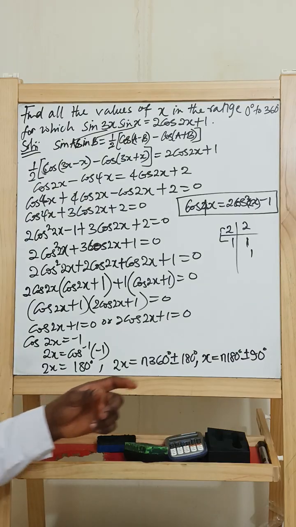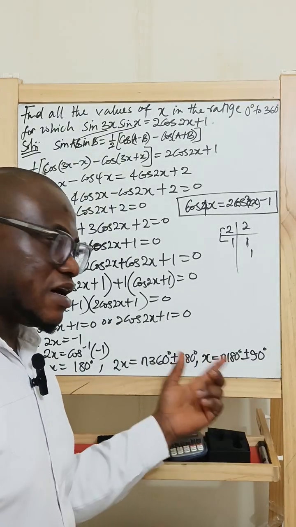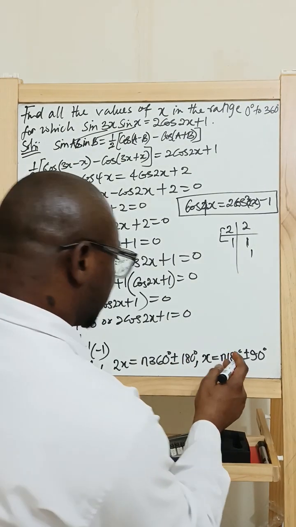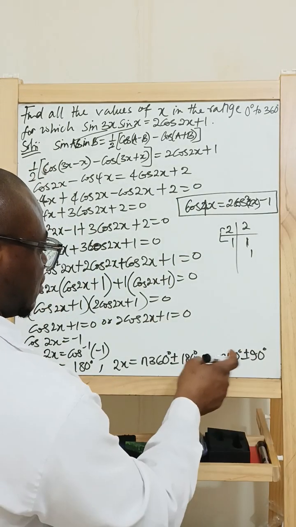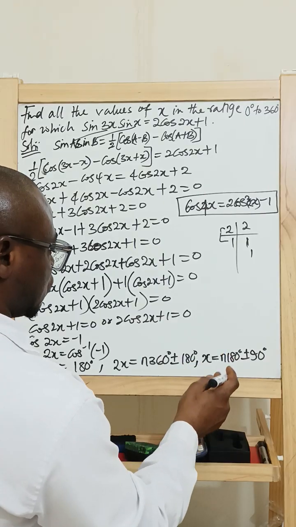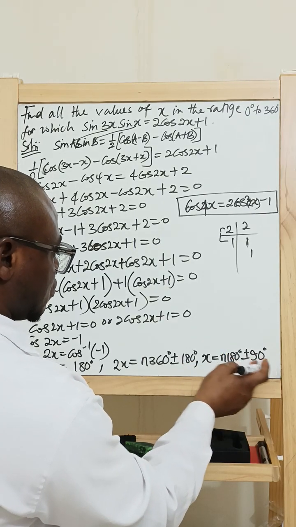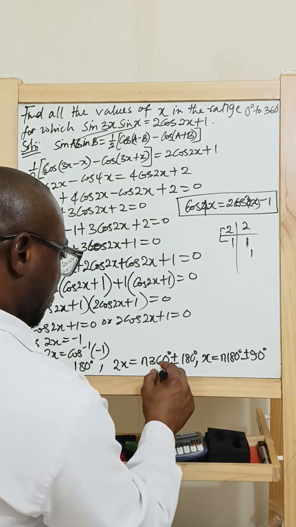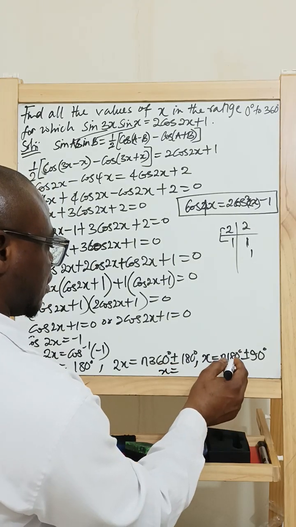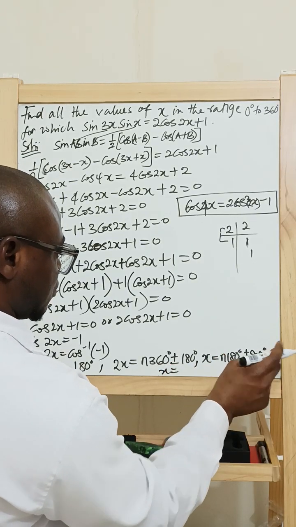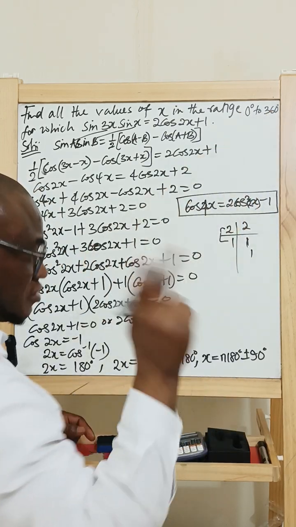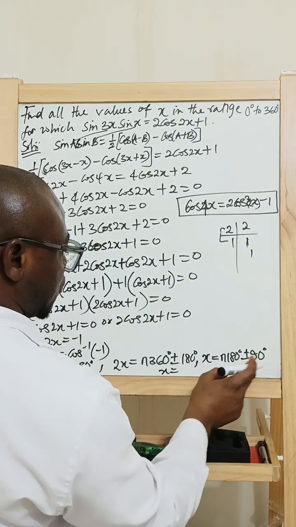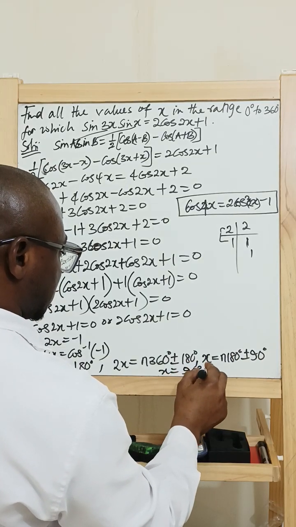So the values that we are now going to get between 0 and 360, they are going to be values when we insert 0, 1, 2, 3 in this equation. So when n is equals to 0, what's going to happen? X will be, for 0, this will be 0, and this will be 90 degree. We only take the positive part because we have to go from 0 to 360. So that will be 90 degree. Right?